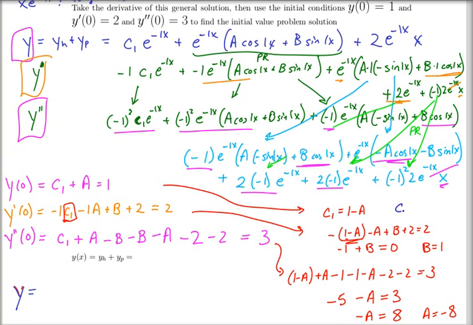Oh, so therefore c1 is equal to 9. So we've got 9 e to the minus 1x plus e to the minus 1x times negative 8 cosine 1x plus 1 sine 1x plus 2 e to the minus 1x times x. All right, there's our particular solution and our homogeneous solution with the coefficients all solved. And we're done.